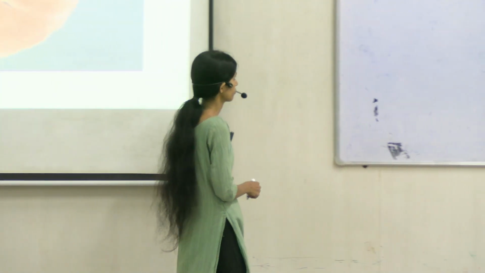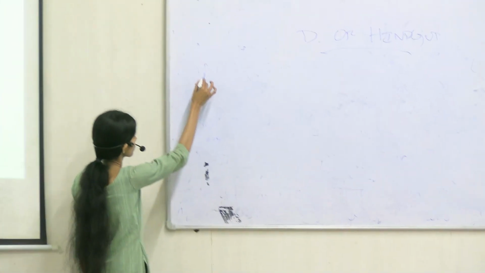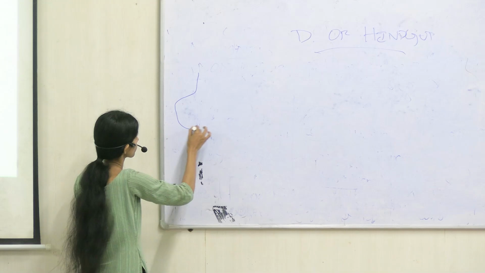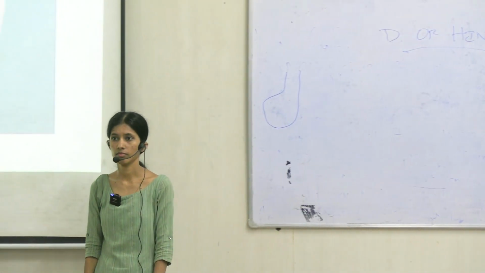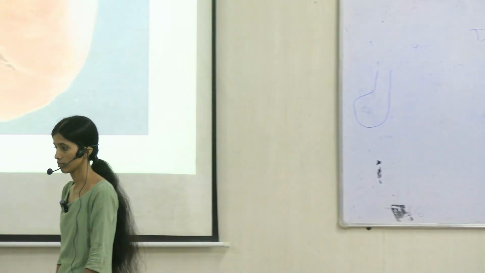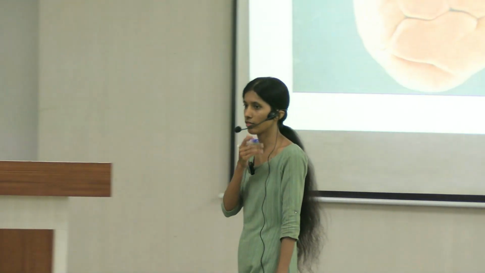Derivatives of hindgut. During the development, the entire hindgut is divided into 2 parts by the presence of the urorectal septum, right? So, what are the names of the 2 parts?